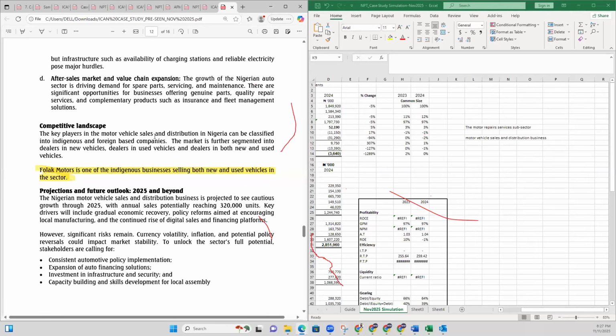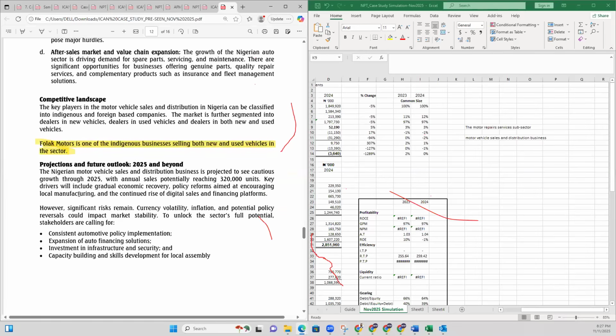And this is coming from the fact that they've told you that there are both indigenous and foreign-based companies in that sector. And there are some of them that are also dealing with used, some are dealing with new, and some are dealing with both used and new. And they've told you that Folak is in both as an indigenous company.